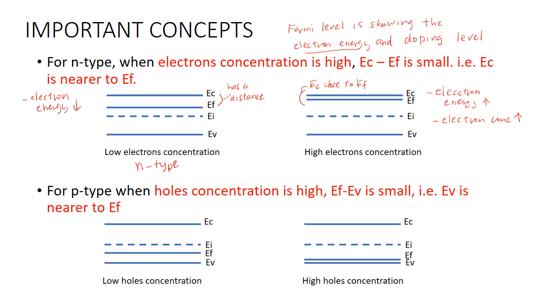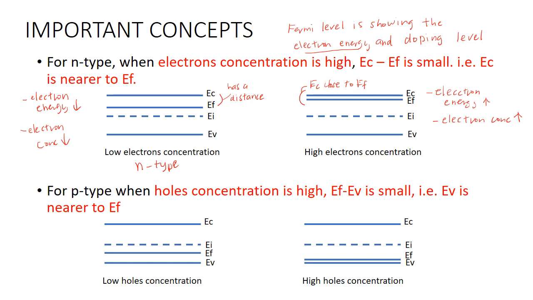So, untuk N-type, okay, kalau untuk N-type, EF yang lebih dekat dengan EC membawa maksud doping concentration untuk N-type-nya adalah tinggi. Kalau EF jauh daripada EC membawa maksud yang concentration of N-type doping dia adalah rendah.